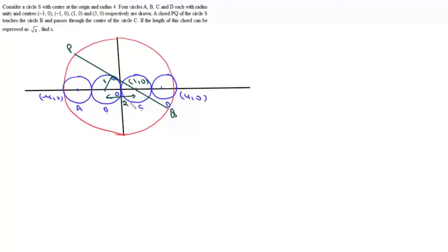This distance is 2 units, and let this angle be theta. Then we can simply write sine theta as 1 by 2, or simply theta is pi by 6. So basically tan theta will be 1 by root 3, and the slope of this line will be tan of pi minus theta, and tan of pi minus theta is minus tan theta.